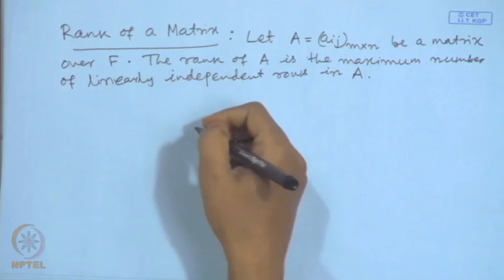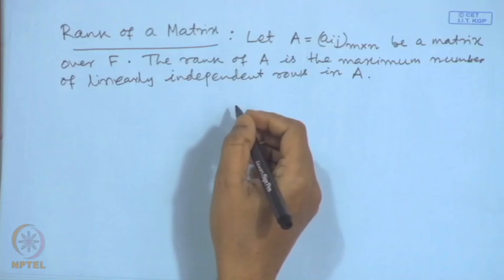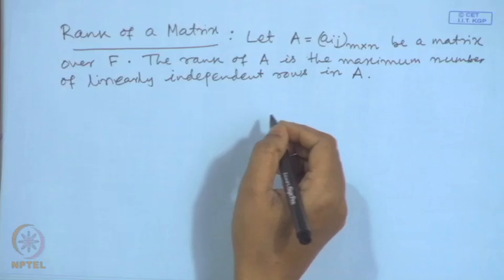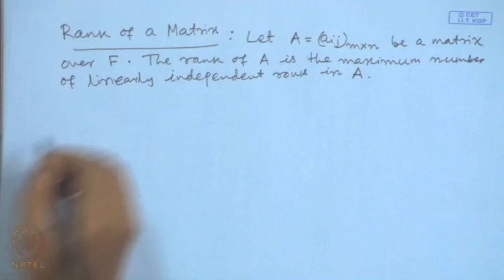Of course, one can also take the rank of a matrix as the maximum number of linearly independent columns.